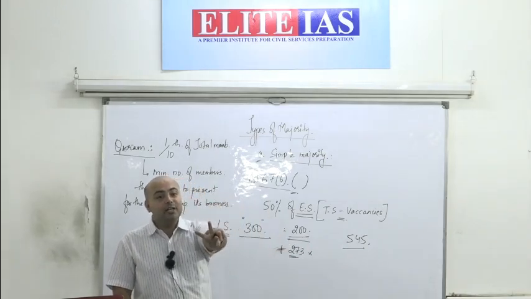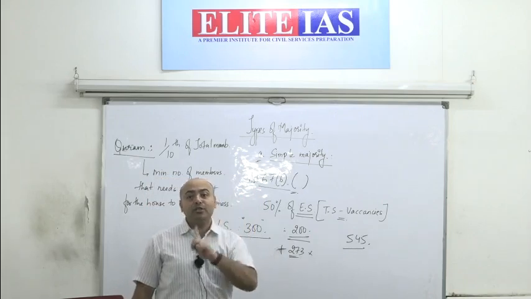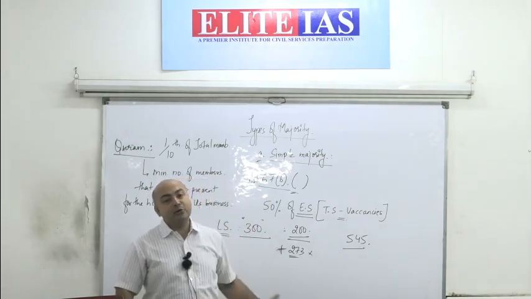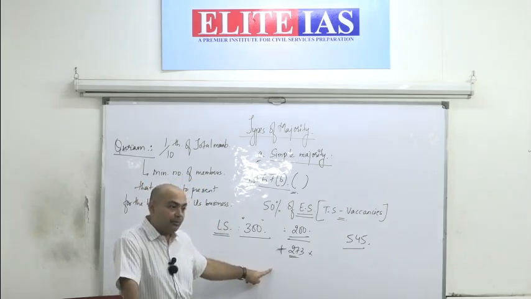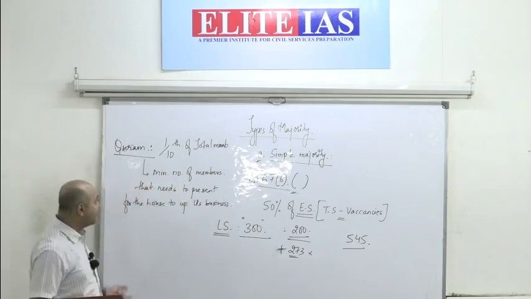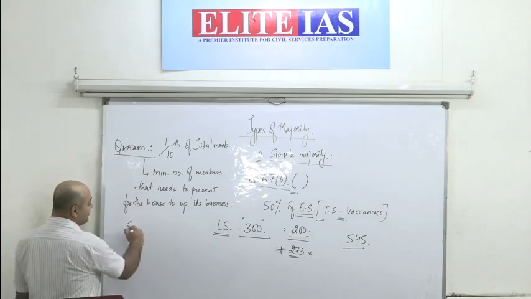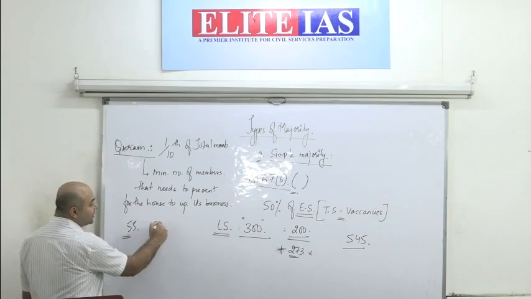Both the conditions need to be satisfied. What is the first condition? At least 2/3 members present and voting, and it should also be more than the majority of the total membership of the house. Clear? Are you getting this idea? Because see, I have already talked about quorum, and quorum is 1/10, which means 55 members if they are present in the Lok Sabha. So suppose 60 members are present in the Lok Sabha.